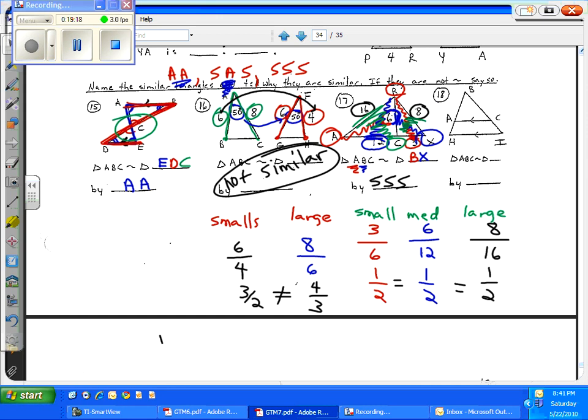It's also opposite the largest side of the one on the right. So the C goes with the C. Any questions on number 17?